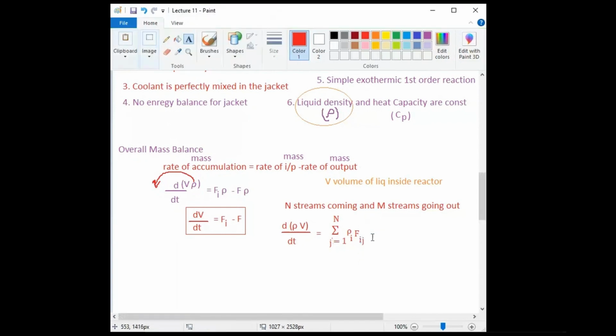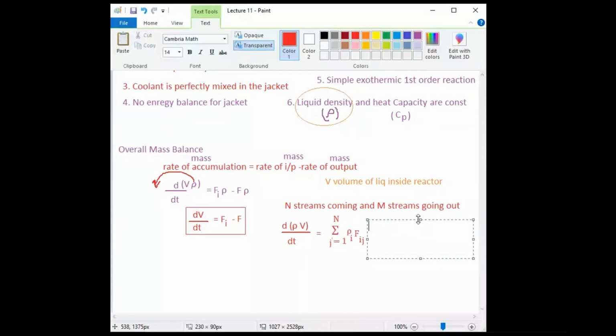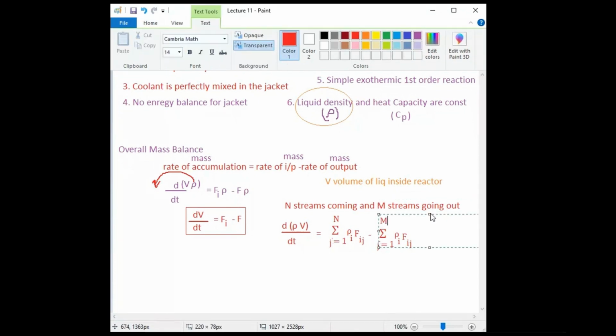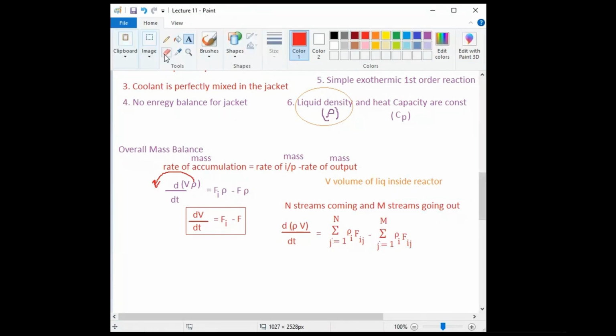Then minus, let me copy this. Here we can write m, because there are m streams going out.